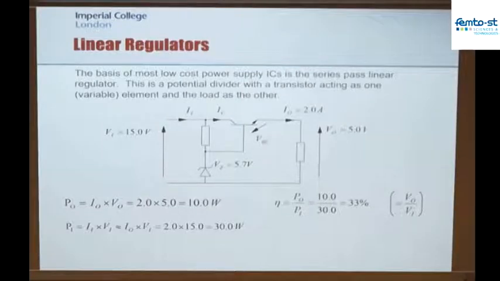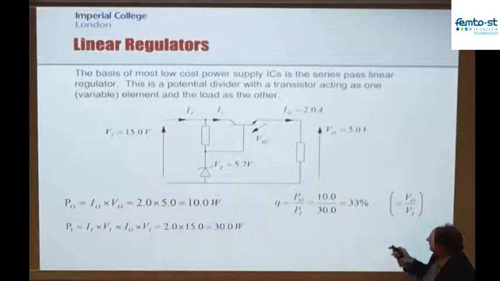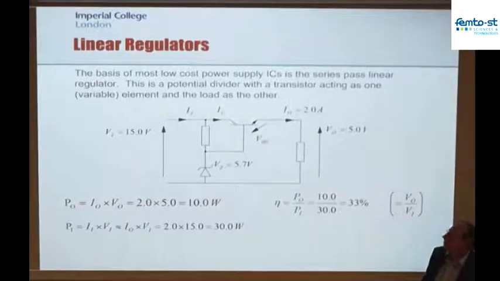And that's no good. I don't want to be producing power electronic circuits for a laptop battery charger, for a grid-connected solar cell, for an electric car, for an energy harvester. For any of those scenarios, I can't work with power electronics that is only 33% efficient. I want to take energy in at 15 volts, dish it out at 5 volts, and make sure that all the energy that comes in is available for use at the load.